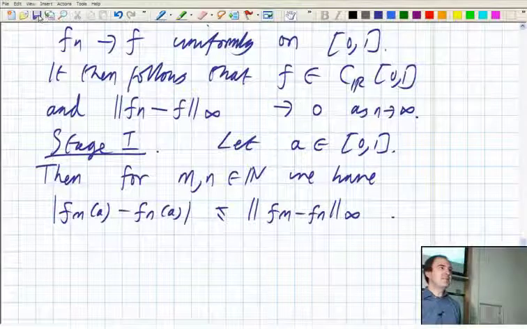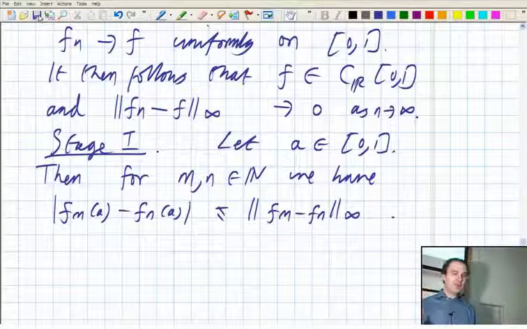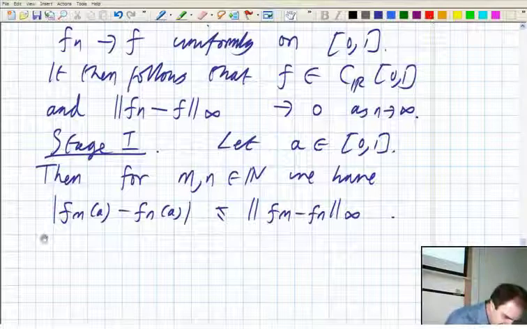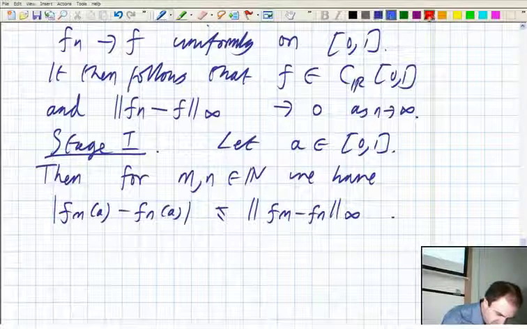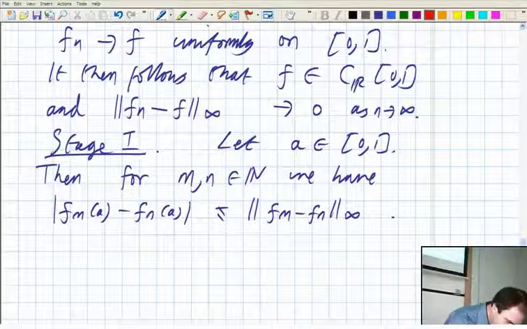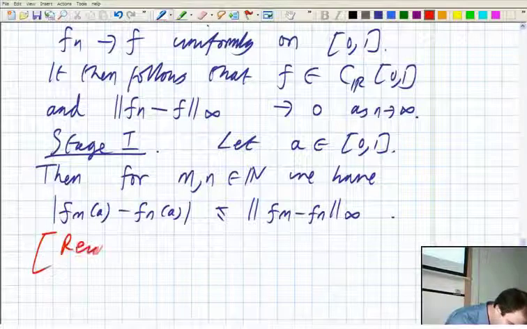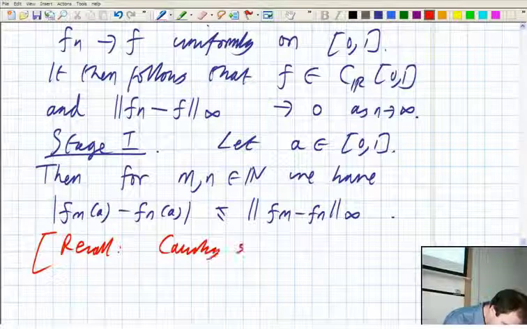So it's not just that successive terms are close together, but that all the late terms are near each other. So let me recall. This is not part of the proof, but I think it's worth recalling the definition of Cauchy sequence.